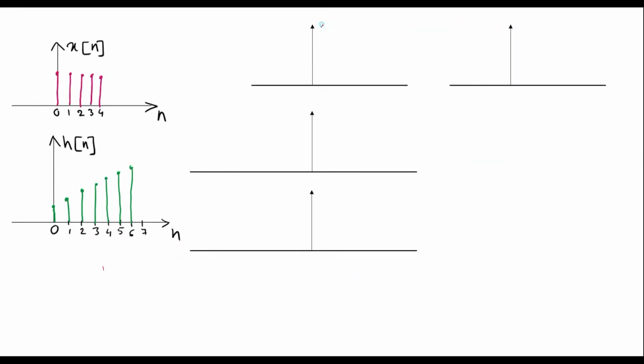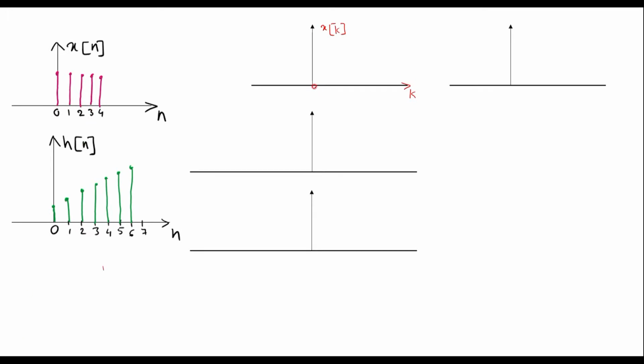I will assume that this is x of k. X of k signal can be obtained from x of n just by replacing n by k. Therefore, this n will become k now, and the remaining samples will be as they are.